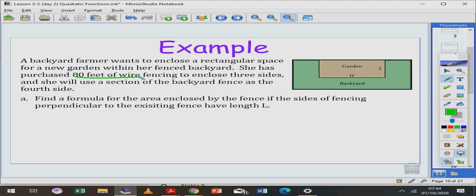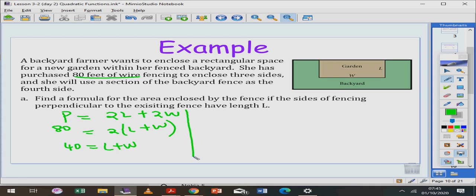So we know that first of all perimeter is equal to 2L plus 2W, and from that formula perimeter is twice L plus W, and this lady has 80 feet of wire fencing, so that's going to give us 40 is equal to L plus W. Now I know initially that the area is supposed to be equal to length times width, but since I have an expression for length plus width here, I can substitute.